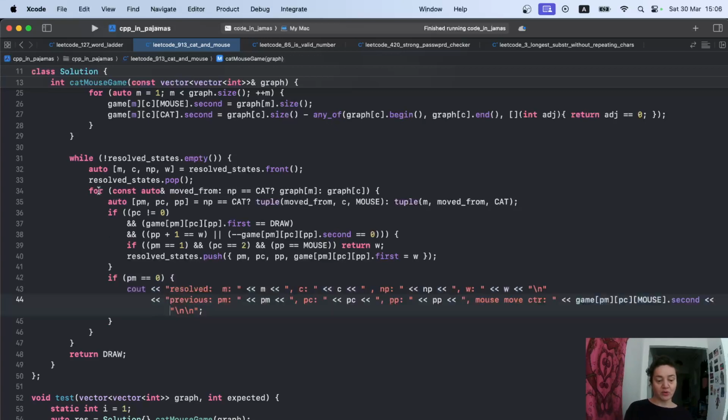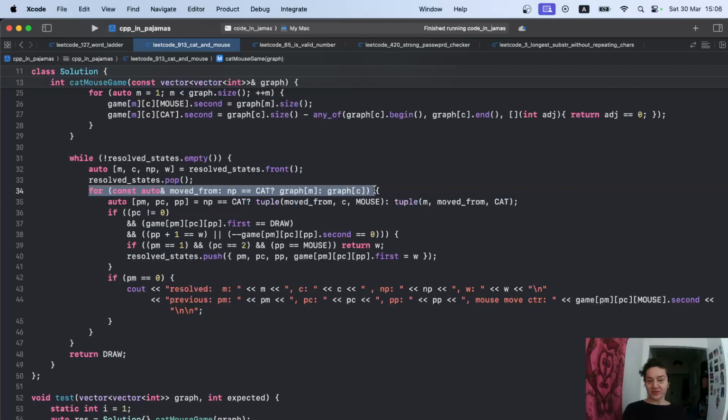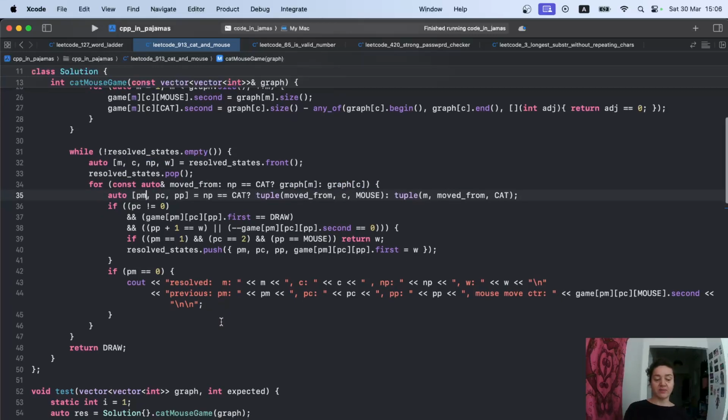I'm in the loop of resolving one previous state after the other previous state of the resolved state. So I'm just printing here the data of the resolved state and of the previous state that we're examining. Okay, take a look at it. So I'm running now.